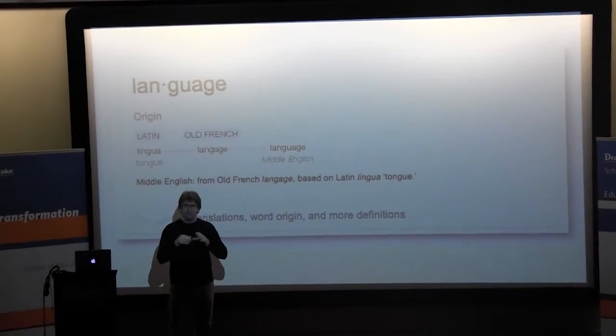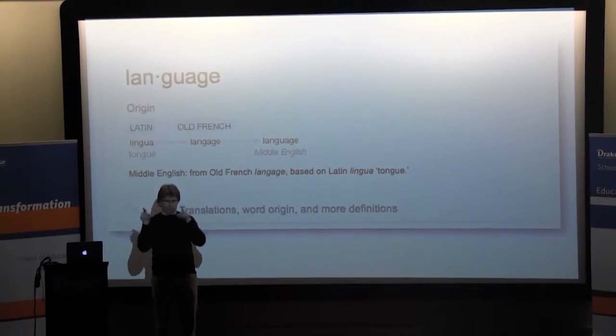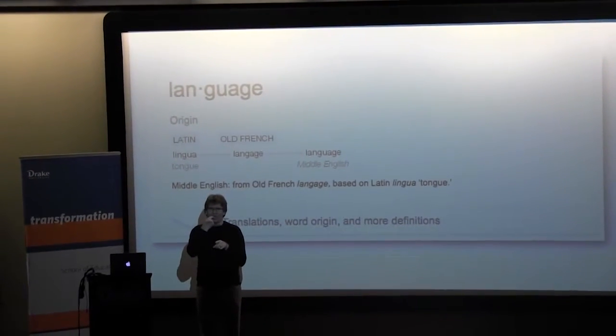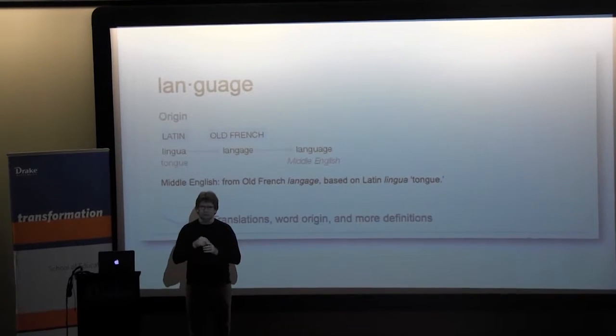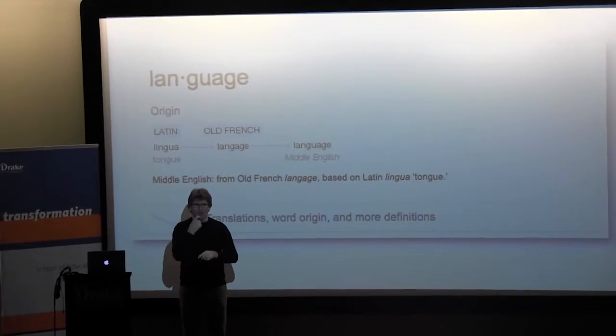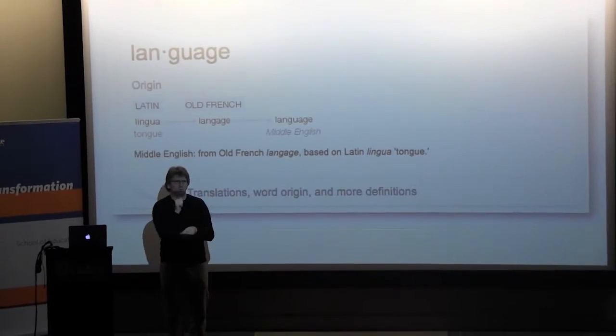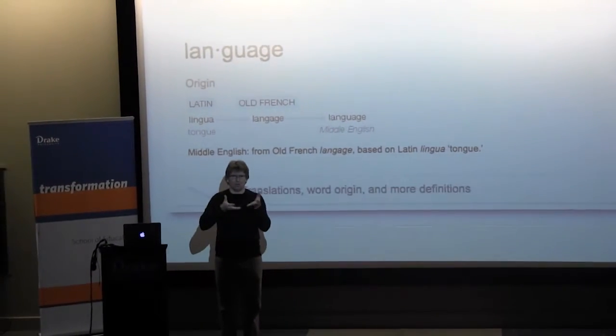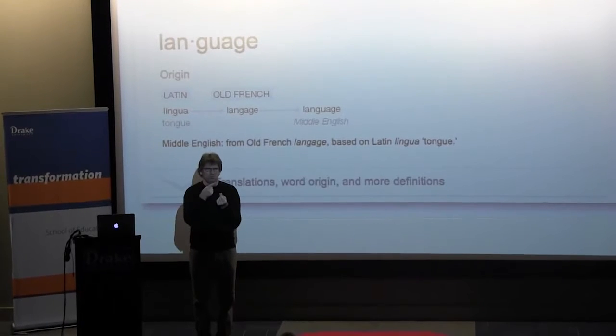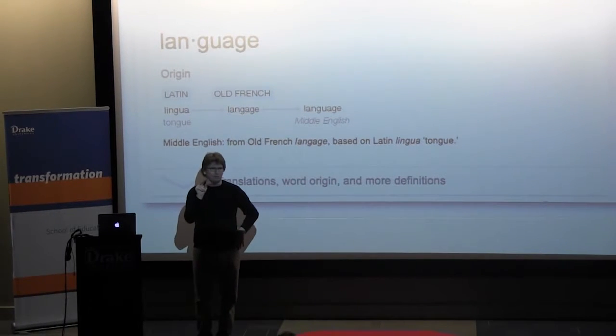Let's define language. What does language mean? Language has to do, at its very root, with the tongue. It comes from a Latin root meaning literally tongue. This creates an expectation that people who don't use their tongue to communicate, could they possibly be subhuman?